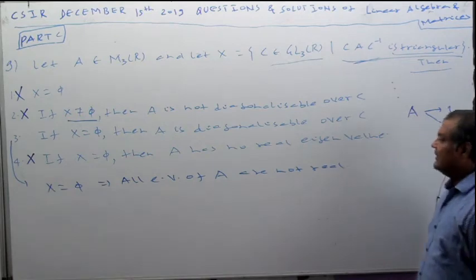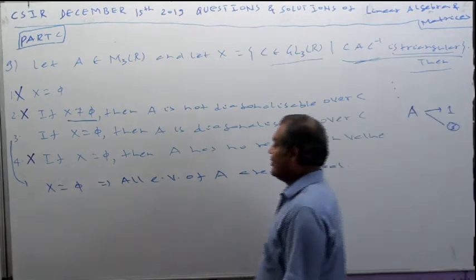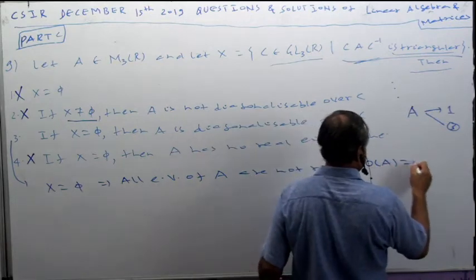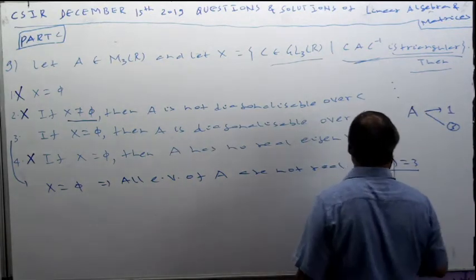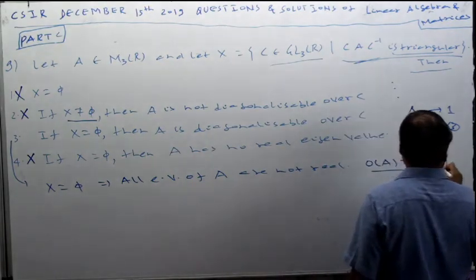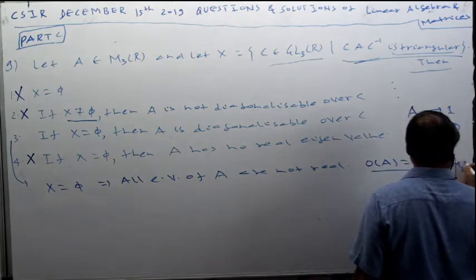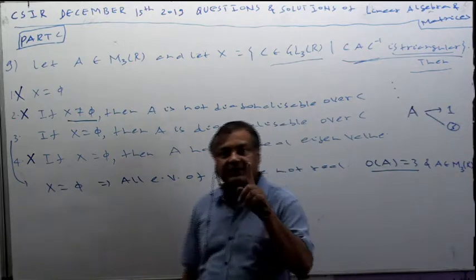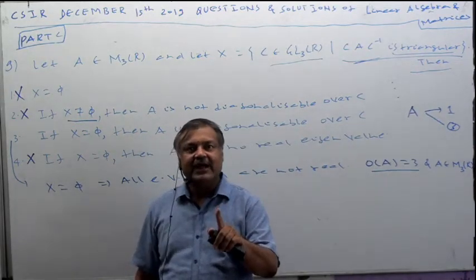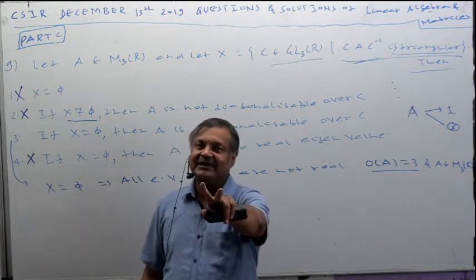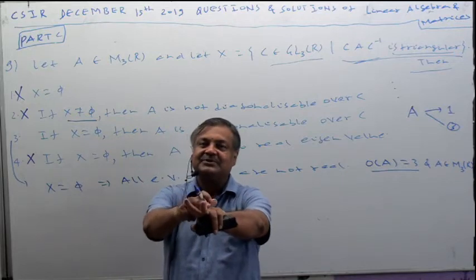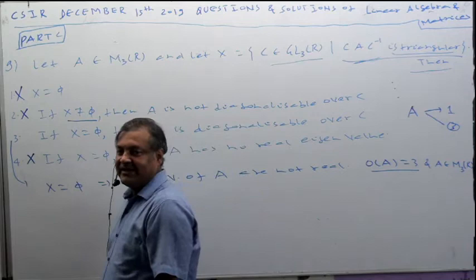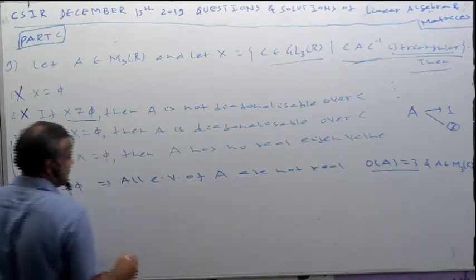So all eigenvalues of A are not real, but the order of A equals 3, and it is a real matrix. So it will have one real eigenvalue and two non-real eigenvalues. And the non-real eigenvalues cannot be the same because they must be conjugates of each other.